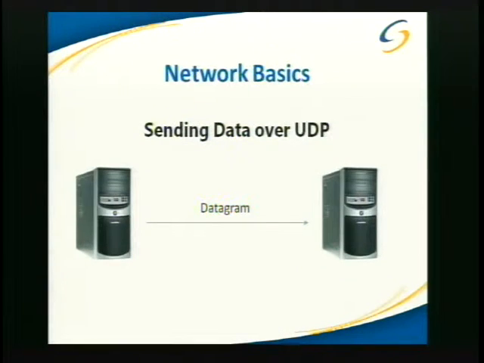So TCP is connection oriented, and UDP is not. It just delivers it in hopes that the other house or the other machine gets the information. And how does that look? Well, it just takes the data and sends it to the second machine. It's pretty simple.